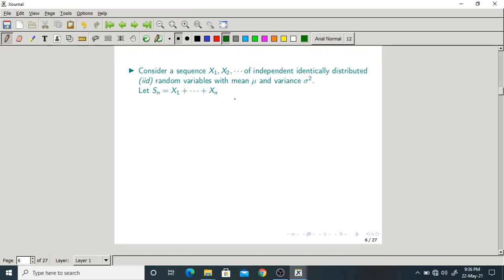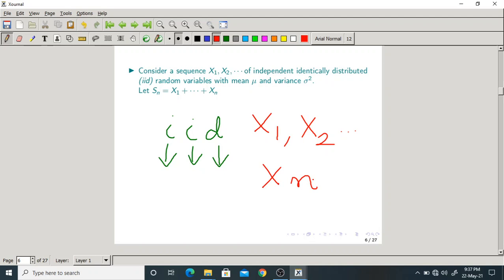Now, let us consider a sequence of random variables x1, x2, and so on, xn, and how are they? IID, which means independent and identically distributed. All these x1, x2, and so on, xn are independent of each other, and furthermore they have the same distribution, which means they have the same mean mu and the same variance sigma square.